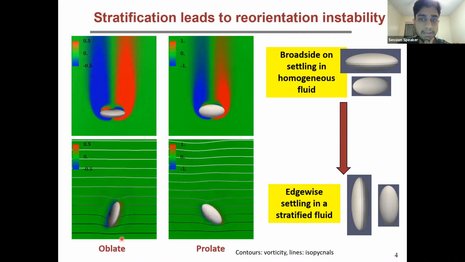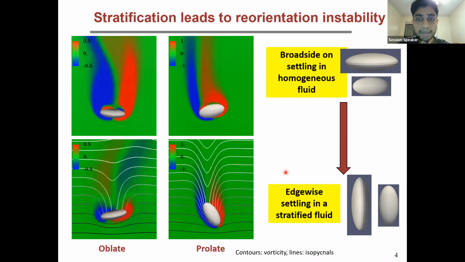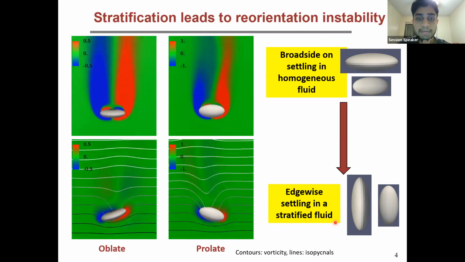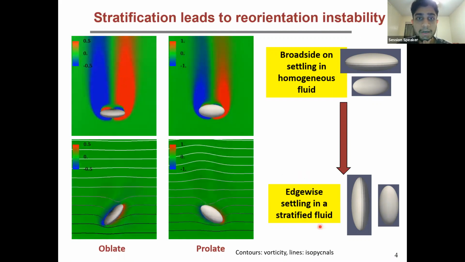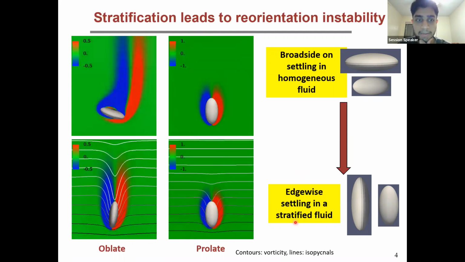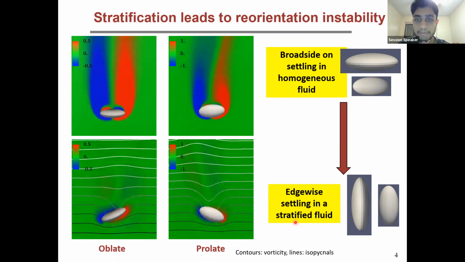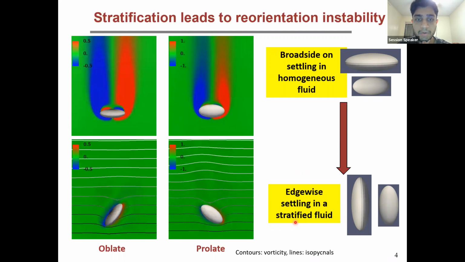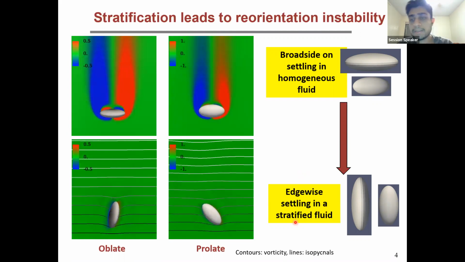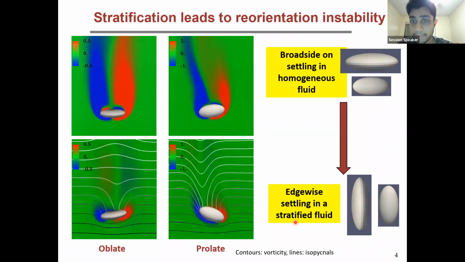But the situation is completely different in a stratified fluid, and what we observe is the horizontal broadside-on orientation is not stable, and both the oblate and prolate spheroids reorient and eventually settle in an orientation such that their longer side is parallel to the direction of gravity.